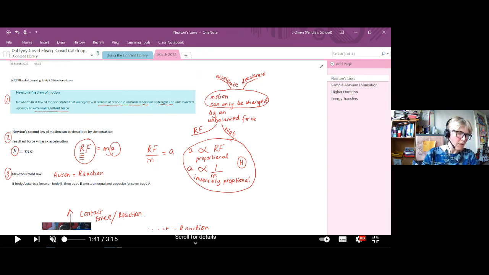Newton's second law, F equals ma, but if you're doing higher, you're going to have to remember that acceleration is proportional to the resultant force and inversely proportional to the mass. And then finally, Newton's third law, action equals reaction, will only give you 1 mark, but if you remember, if body A exerts a force on body B, then body B exerts an equal and opposite force on body A, that will give you both marks.